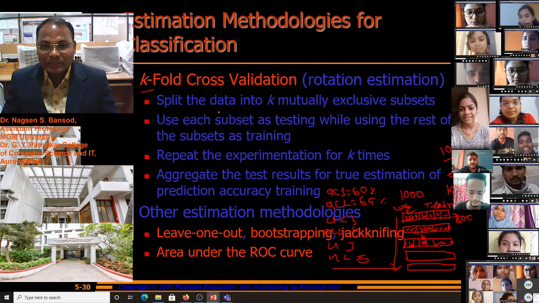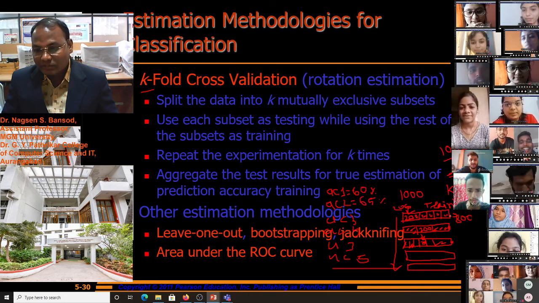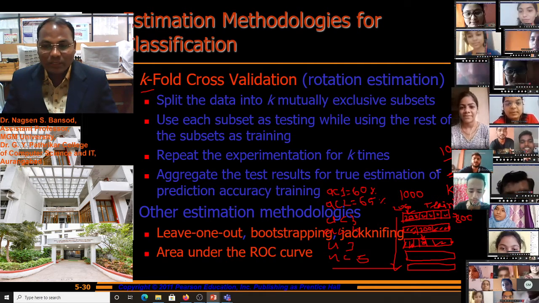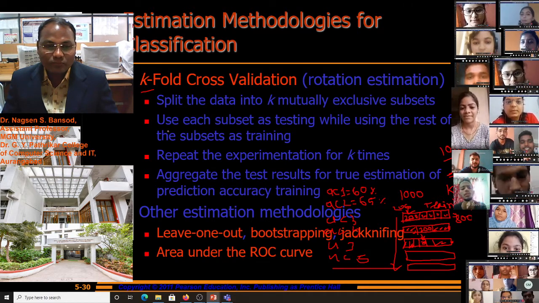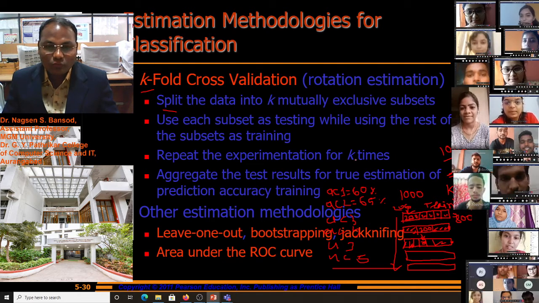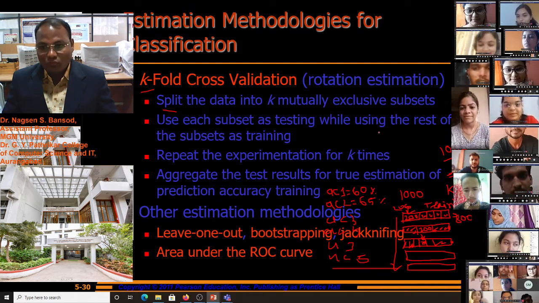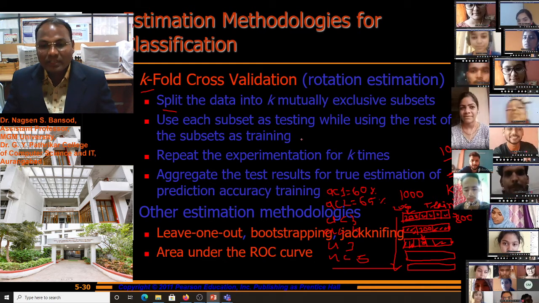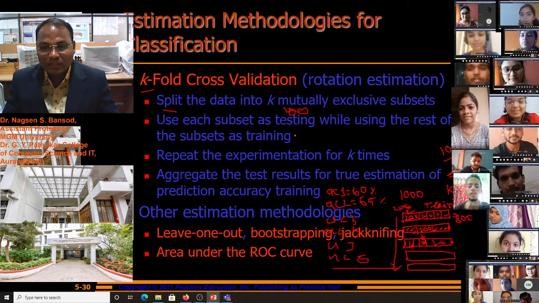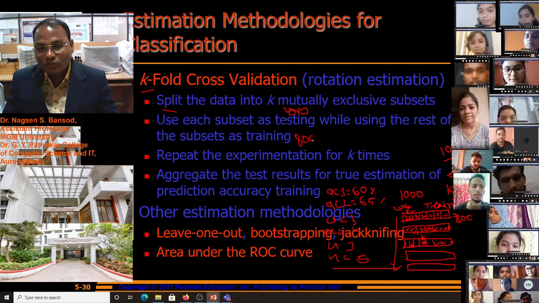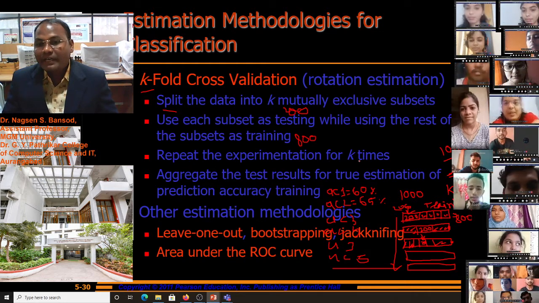We split the data into k mutually exclusive subsets, like these 5. We split the data into 5 folds. Use each subset as testing while using the rest of the subsets for training. Here we use 200 for testing and 800 for training out of a thousand. Repeat the experiment k times.